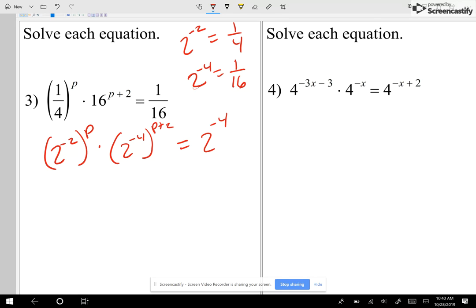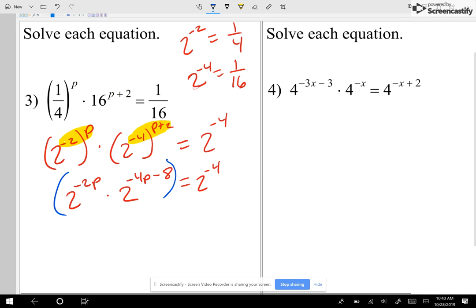I wrote everything in terms of base 2. When I have parentheses and I have exponents, I have to multiply them. So I have 2 to the negative 2p times 2 to the negative 4p minus 8. I multiply those, and this is equal to 2 to the negative 4.